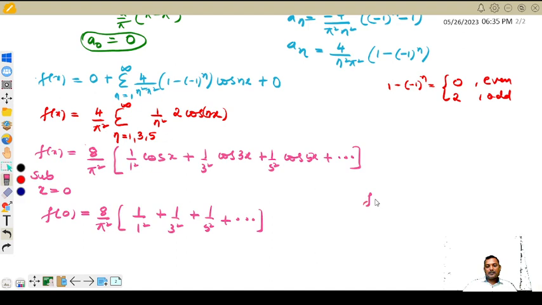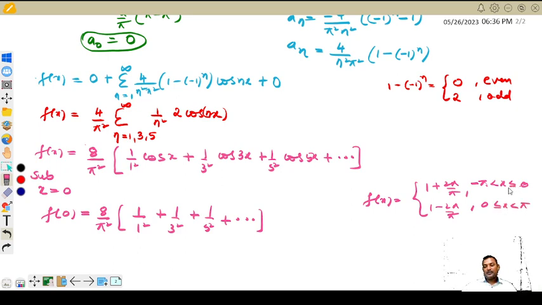Since we know that f of x is equal to 1 plus 2x by pi for minus pi less than x less than or equal to 0, and 1 minus 2x by pi for 0 less than or equal to x less than pi.